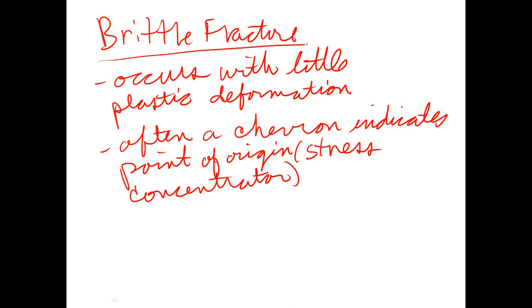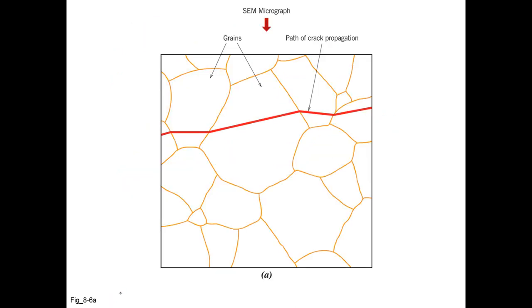So we can also look at the type of crack propagation within the microstructure, and we can define two types of crack propagation. The first is what we call transgranular crack propagation.